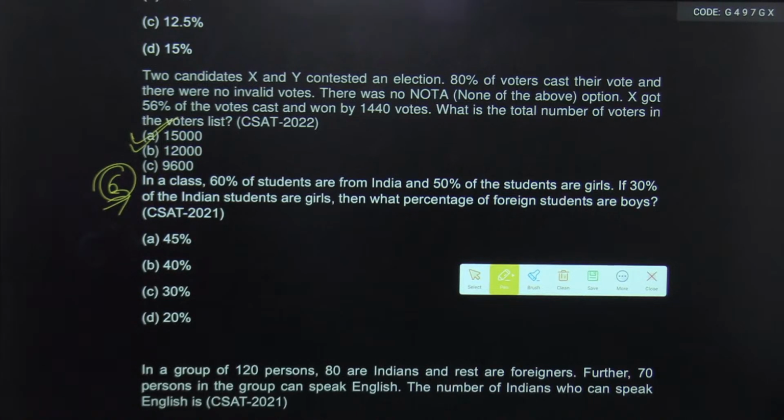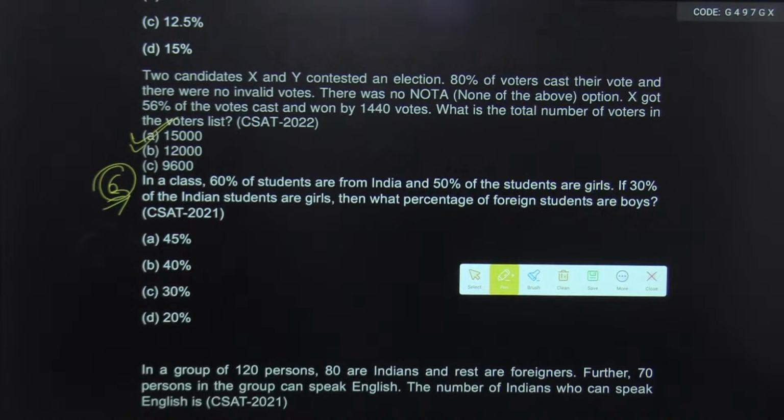In a class, 60% of the students are from India, 50% of the students are girls.